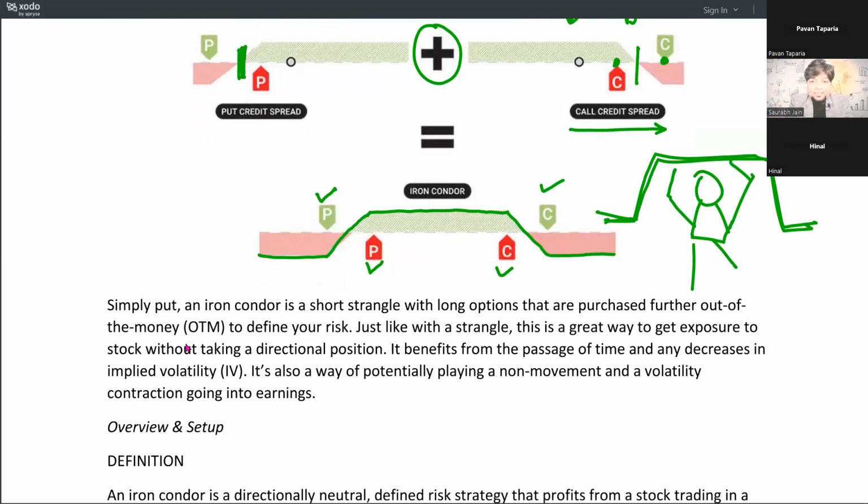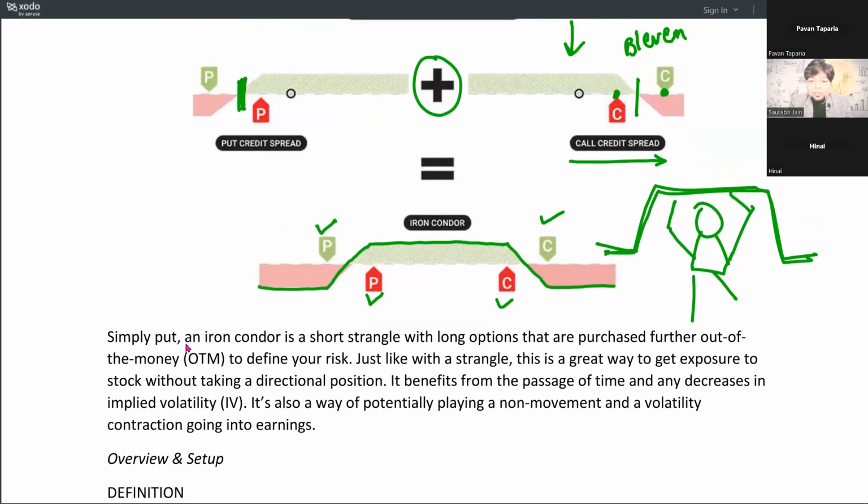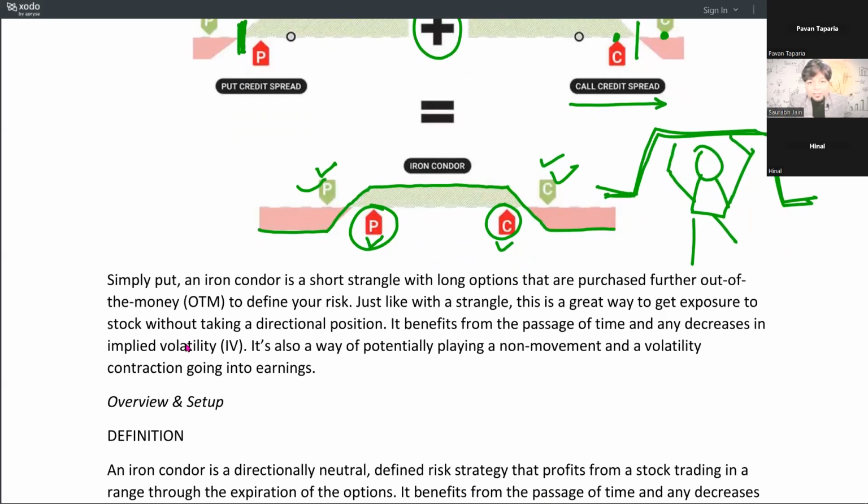So an iron condor is where you are selling a call and a put, and you are also buying a call and a put. The call which you are selling and the put which you are selling have a gap, and we'll call this selling of call and put a strangle and not a straddle.